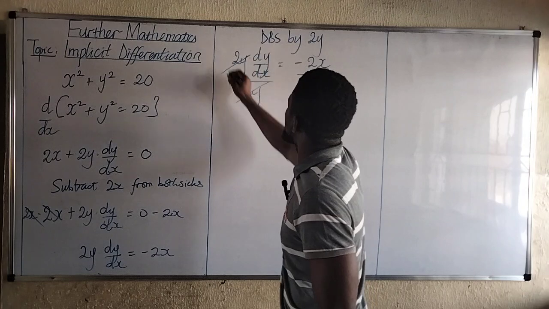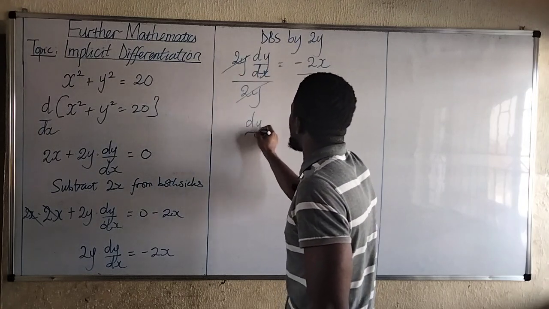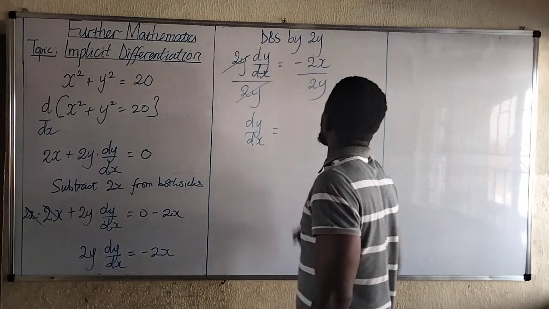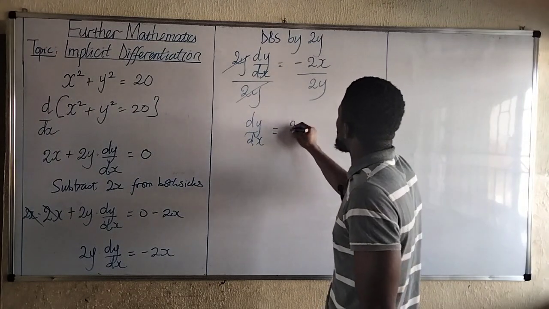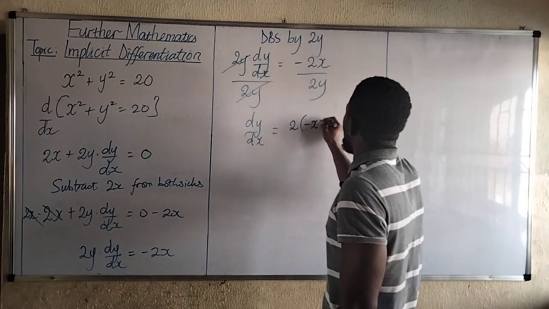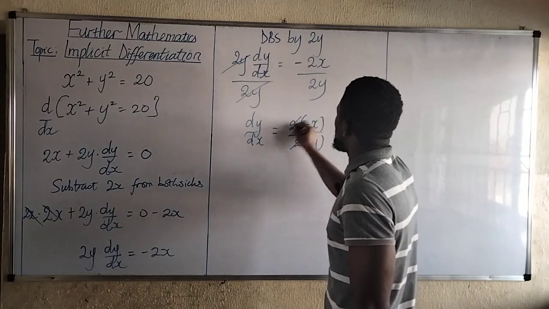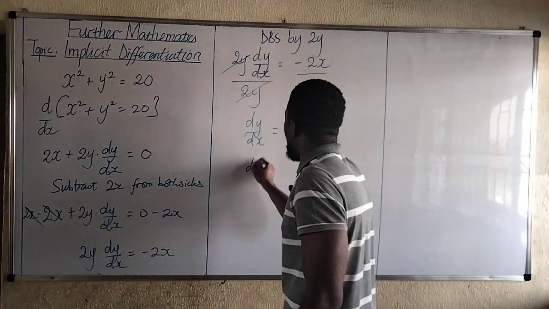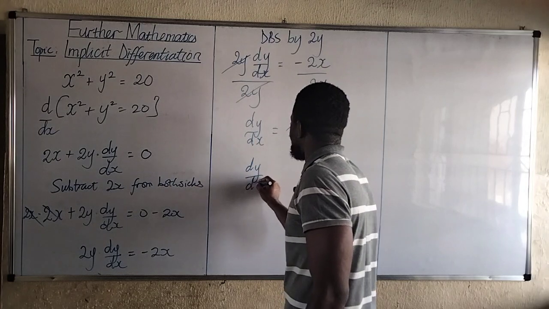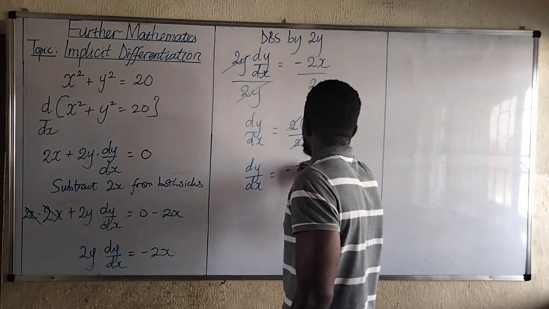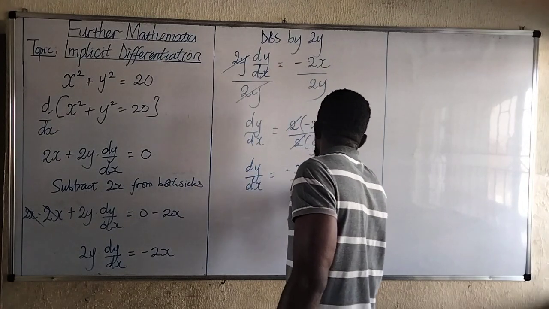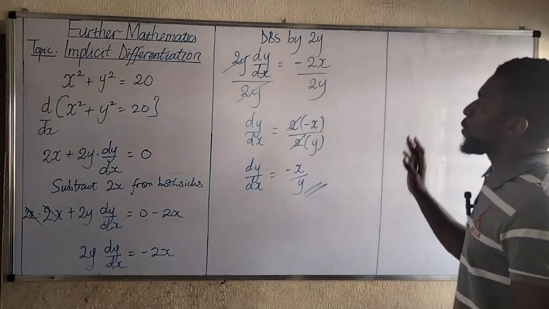So this goes, we are left with our dy over dx equal to, factorizing this, we have 2 multiply negative x all over 2 multiplying y. So these two cancel out. Our dy over dx will now be negative x over y. This becomes our answer. That is it for this.